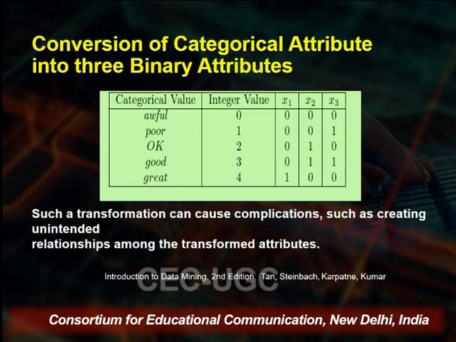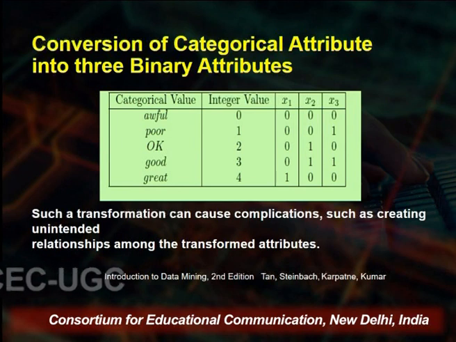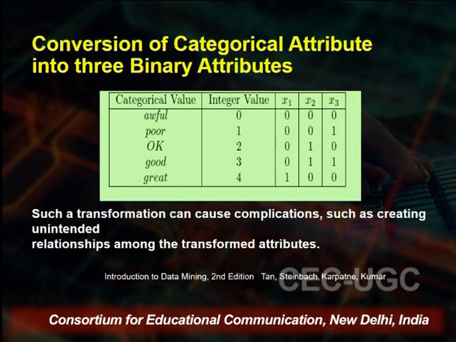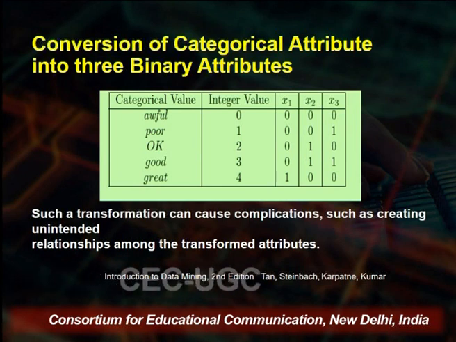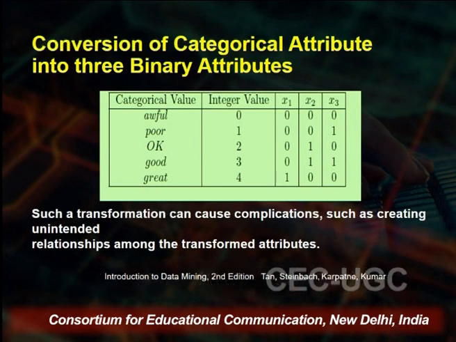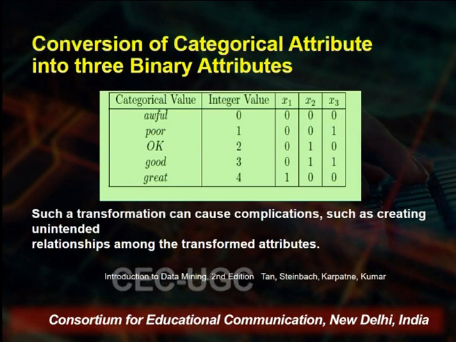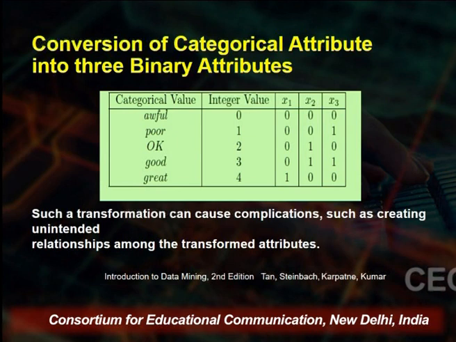Now this type of transformation can cause complications, because there is an unintended relationship showing in the transformed attributes. For example, for the categorical value good, the attributes x2 and x3 show a correlation amongst themselves, which actually does not exist, but it is shown here because of the transformation strategy we are using.